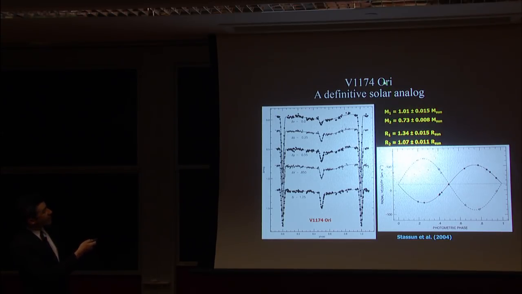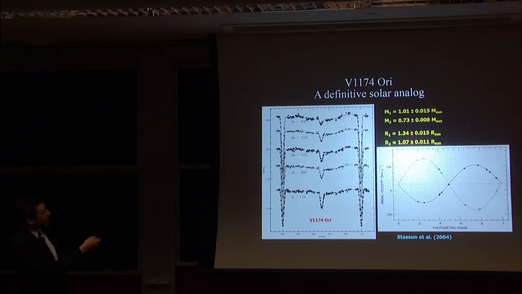And so this is actually a young eclipsing binary star system at an age of just 1 or 2 million years. But you see what's possible through the combination of precise radial velocity measurements, light curve measurements of the eclipses at multiple wavelengths. In order to get to this level of accuracy in the masses and radii, you have to do some clever things.